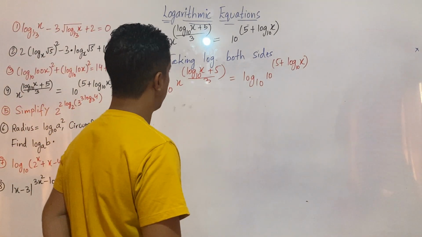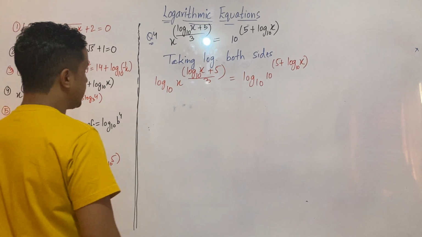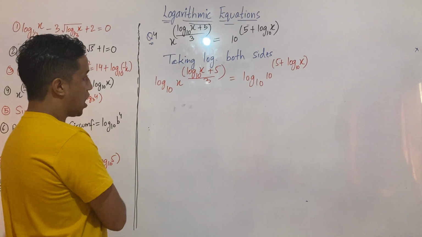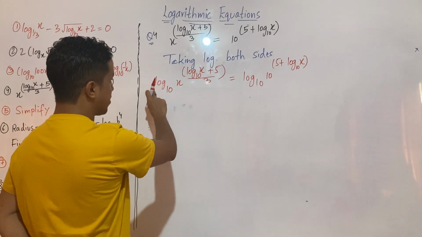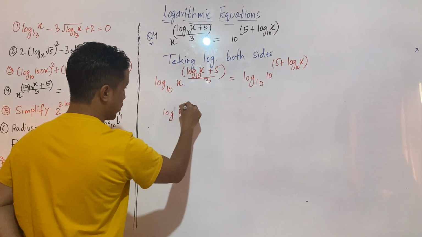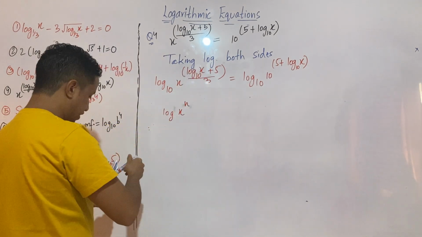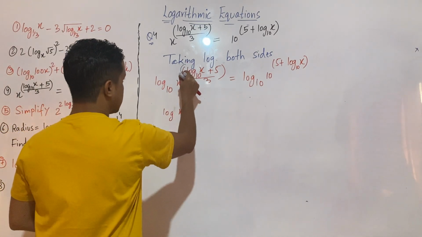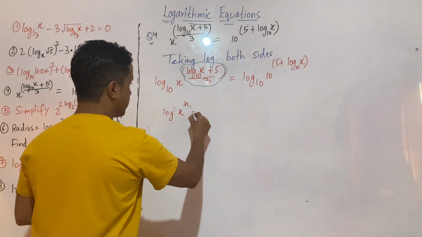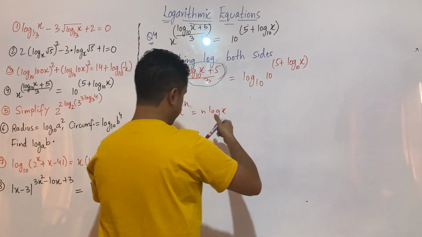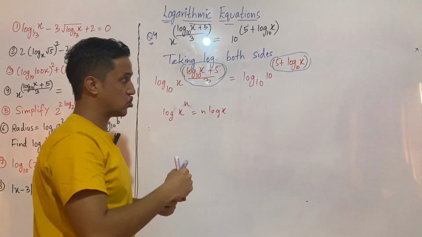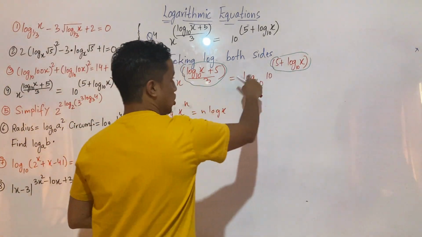Now, this looks quite similar to log of x raised to power n, so we can assume this whole thing as n. So it's going to be n log x, and here same, we can assume this whole thing to be n, so it's going to be n log x.